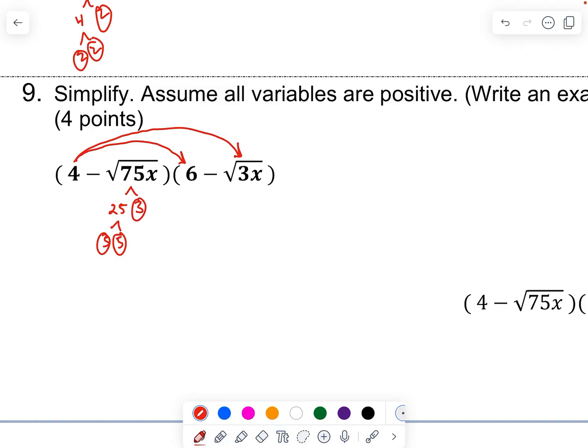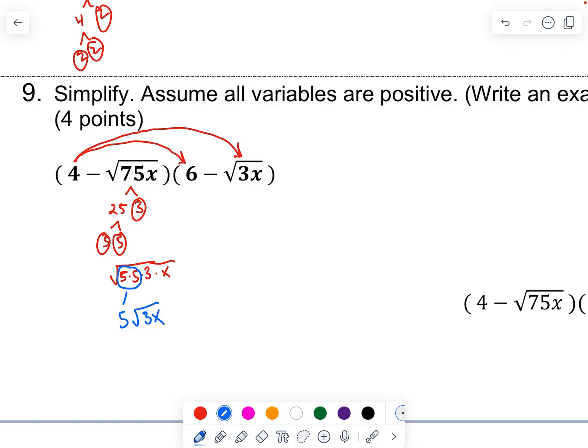So square root of 5 times 5 times 3 times x. This is the only thing coming outside the square root, and left inside the square root is a 3x.